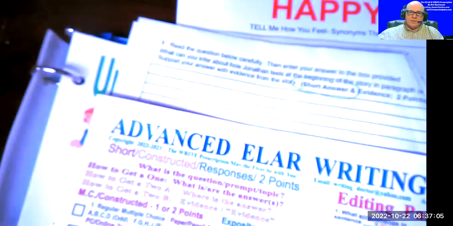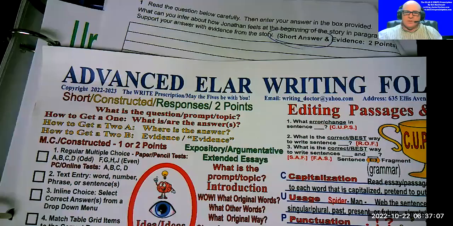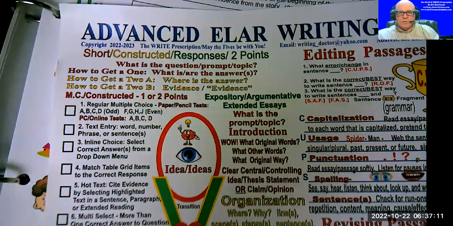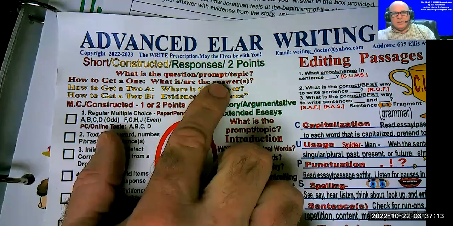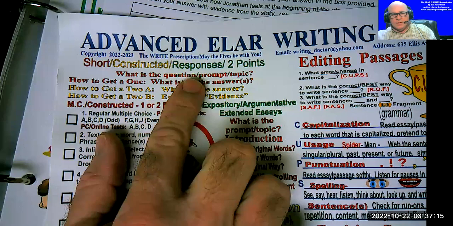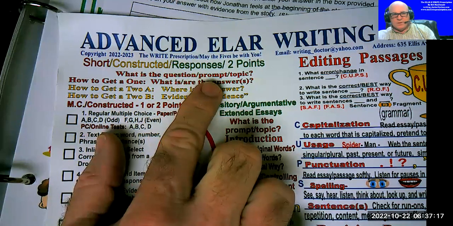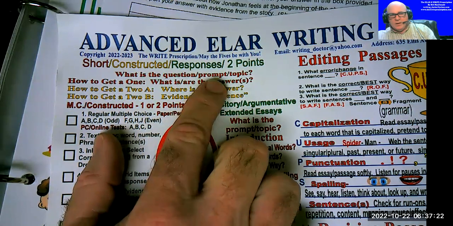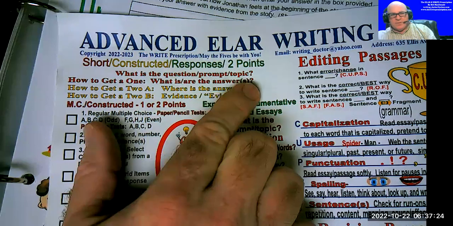So let me show you through my advanced folder a reminder of what short answer is supposed to look like. Remember that there's going to be a question. It'll have the word prompt in it, meaning that it's going to be open-ended and it'll be about a specific topic.